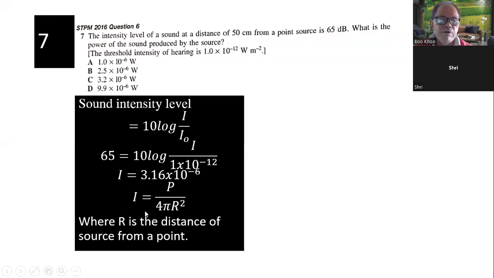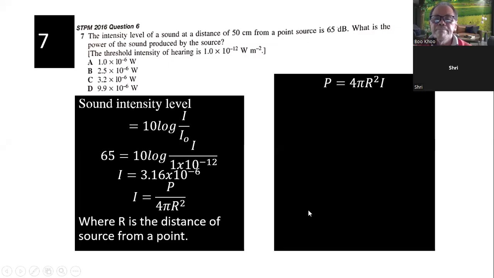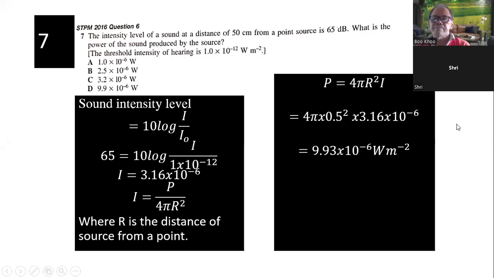I'm just using this formula. Take that across there to find my power and put in your value. 4 pi. Change it to meter. And your I is this one.